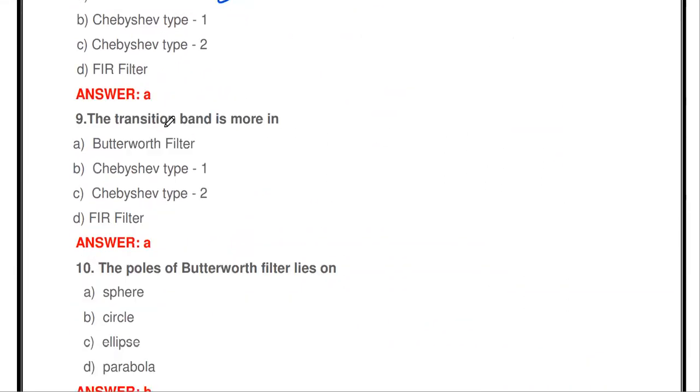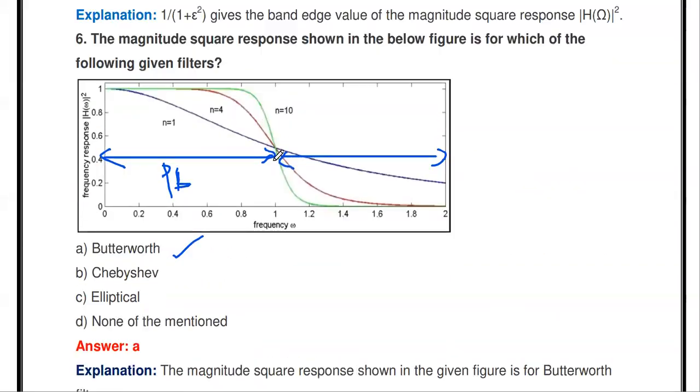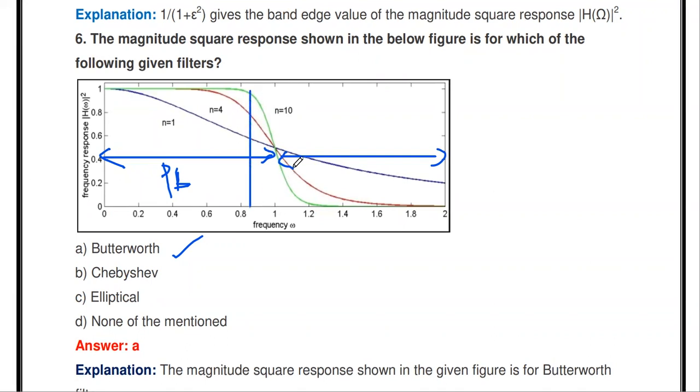Then the next one: the transition band is more in dash. What is meant by transition band? The range of frequency where the transition occurs from pass band to stop band. Here you see this is the pass band, this is the stop band. Stop band means the gain reaches zero value.